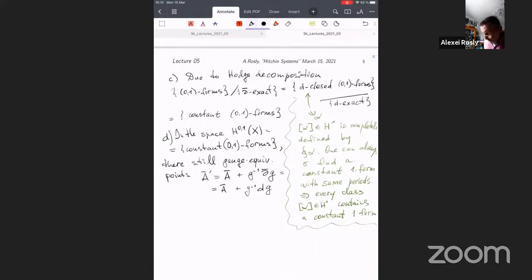So the problem is now to characterize the remnant, so to say, of gauge equivalence, the forms of the shape g minus one dg, which are constant.